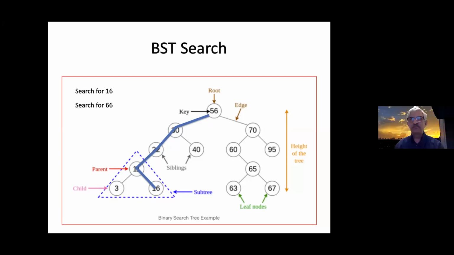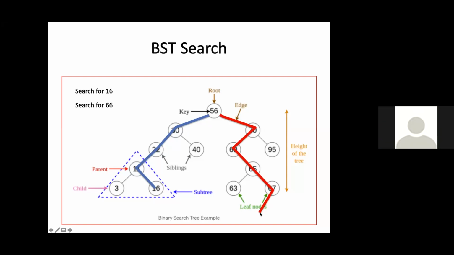Where are you going to stop? Give me the numbers. 56, 70, 60, 65, 67, return -1 or whatever. Return 0, or should return null. That's right. So that's where you're going to end, right? 56, 70, 60, 65, 67, and then you fall off the tree.